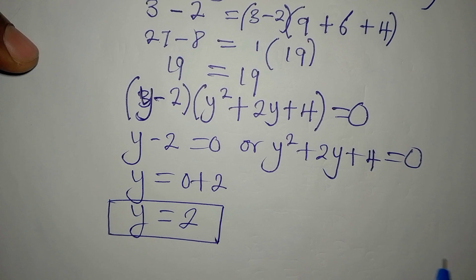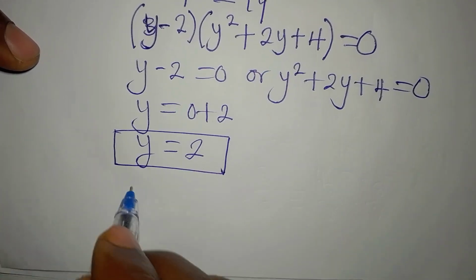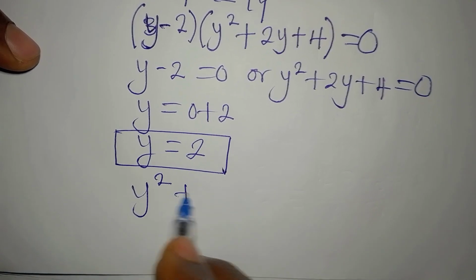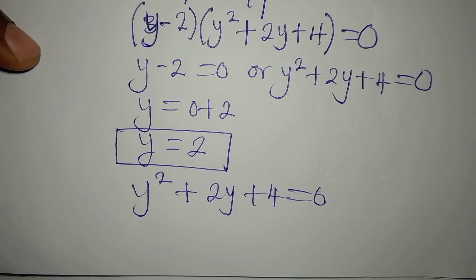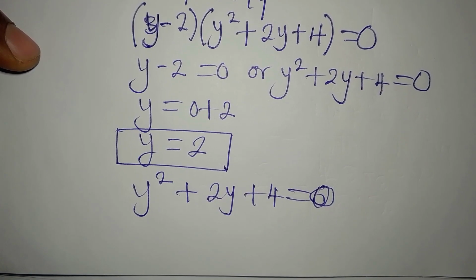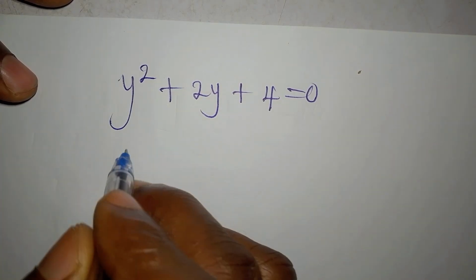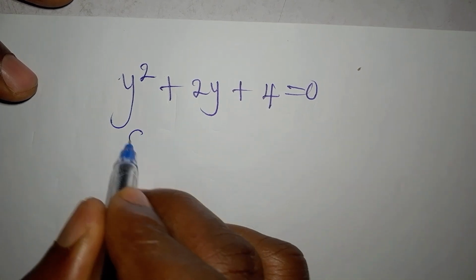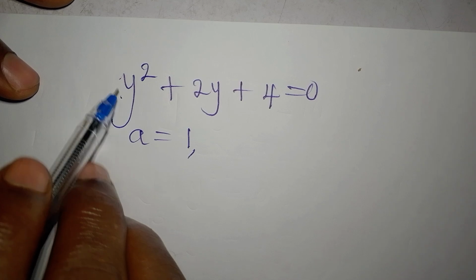To get the other solutions, we'll pick this quadratic equation here, y squared plus 2y plus 4 equals 0. So we're going to solve this and get 2 more solutions. Now let's use the formula method for this. And the formula has a, which is going to be 1, the coefficient of y squared.